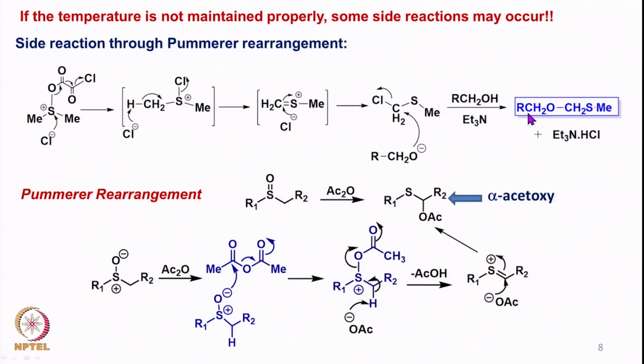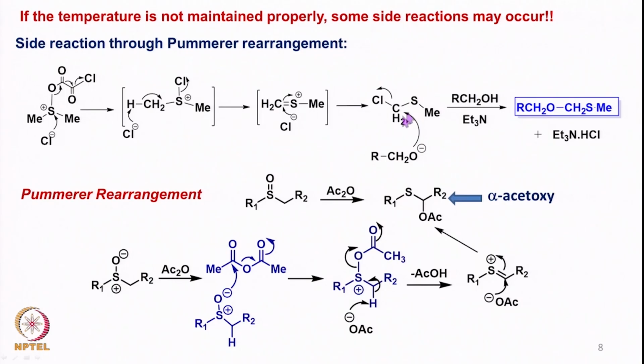Now, this is basically the side product that can form, and this is coming due to a rearrangement which is very similar to the Pummerer rearrangement. Now, what is the Pummerer rearrangement? The Pummerer rearrangement is that if you start with a sulfoxide and react with an electrophile like acetic anhydride, then what we get is basically an alpha-acetoxy sulfide.